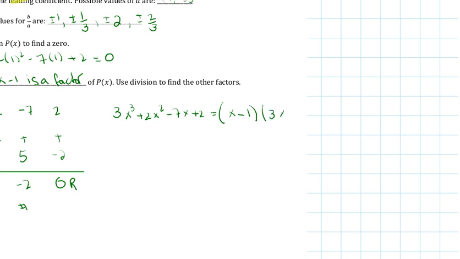And then my quotient was 3x squared plus 5x minus 2. All right, now I still have to factor this.